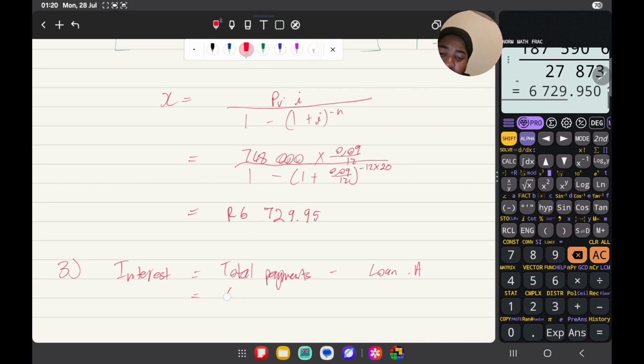So you have 6,729, and there's a 5 there. Then we are multiplying it by 12 for 12 months, multiplying by 20 for 20 years, and the money she would have paid had she not taken the loan.